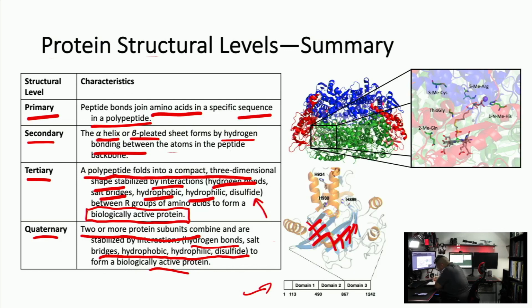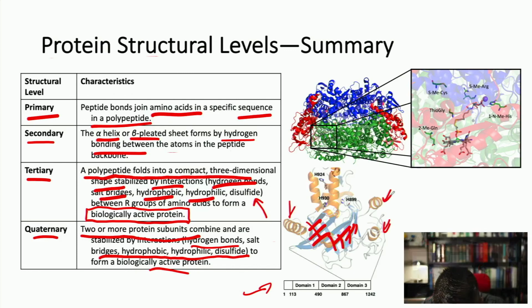The other interesting thing too is all the alpha helices you see, but specifically these three alpha helices up here with those H's there. The H stands for histidine, and the number is the number in the sequence of where the histidine is located in the primary structure, right? Those alpha helices act like a little lid to the beta barrel, right?